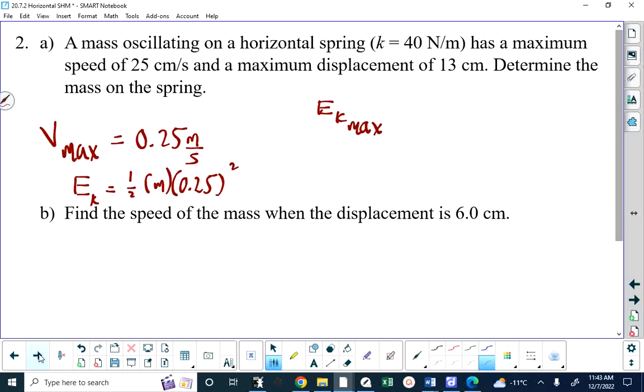That's the total energy in the system. And then it says it has a maximum displacement of 13 centimeters. If I were to calculate EP max using that maximum displacement, why is that also the total mechanical energy in the system?